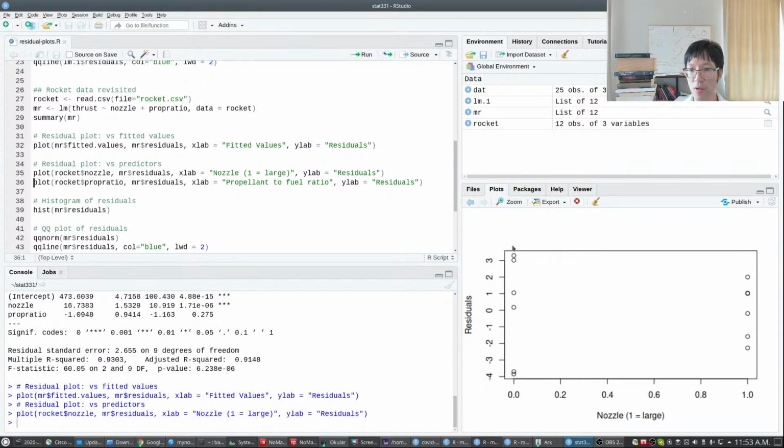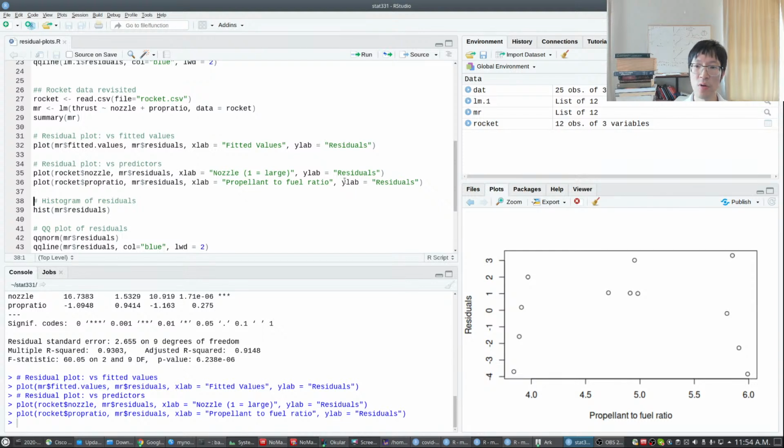Okay, so again, here it seems there might be slightly more variability in the residuals when the nozzle is small as opposed to when it's large, but again, nothing stands out as particularly violations.